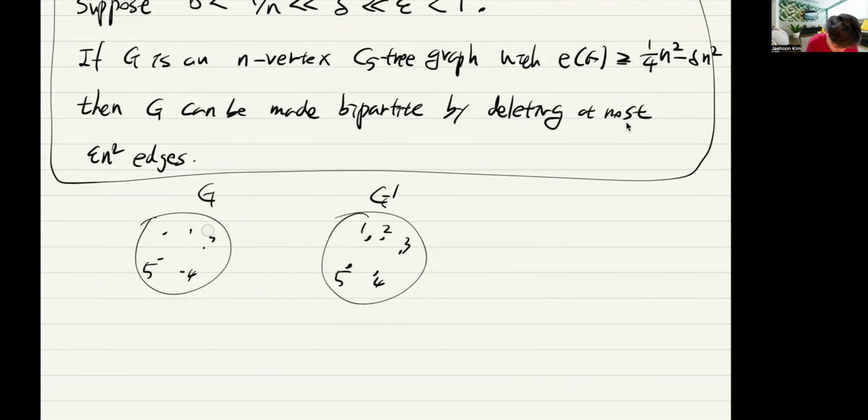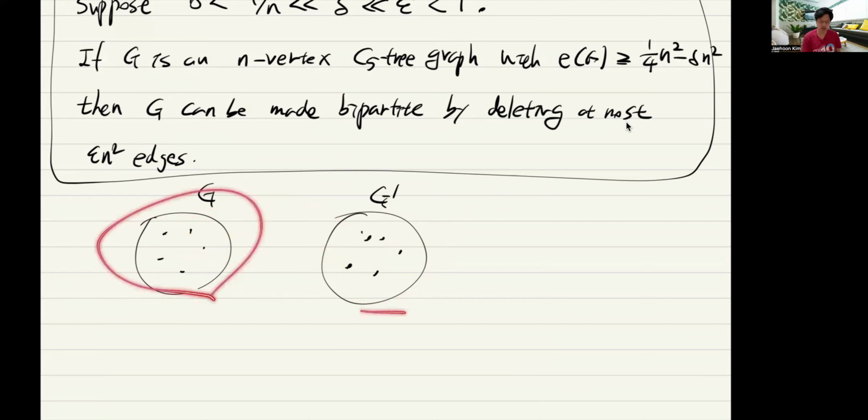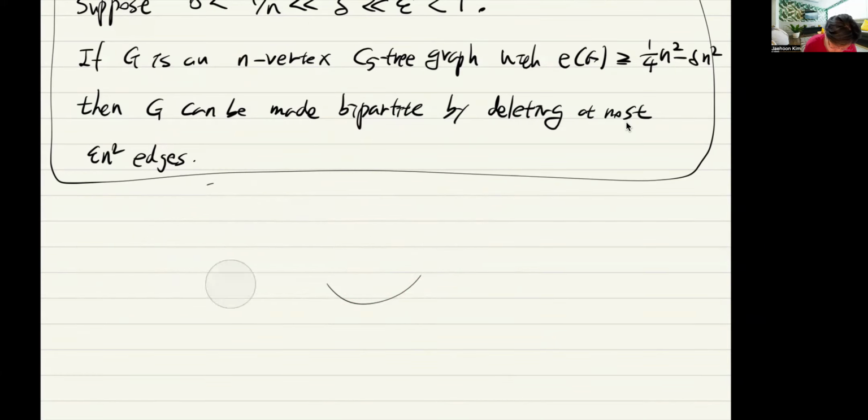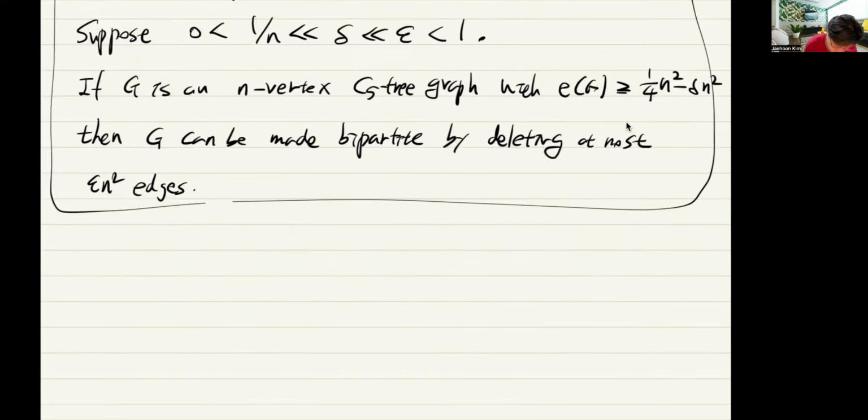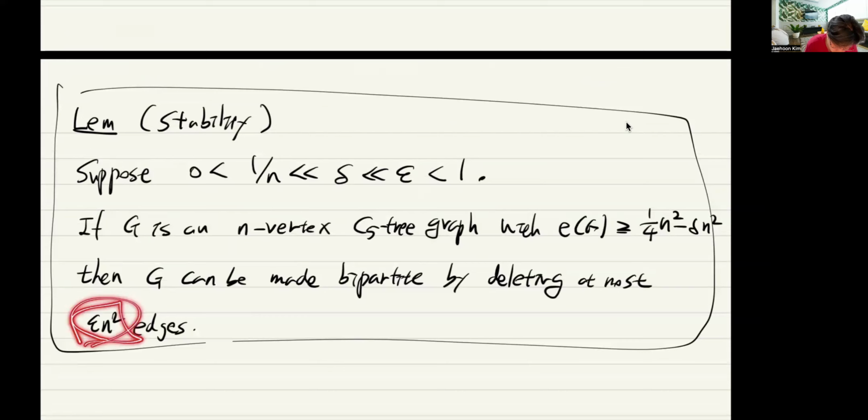When your graph is not labeled but unlabeled, then you check all possible ways of labeling. There are n factorial ways to make a bijection between these vertices. You check all of them, measure the distance, and choose the smallest distance. That can be considered as the distance between these two. So in that sense, what this says is that your graph is at distance at most this from a bipartite graph.